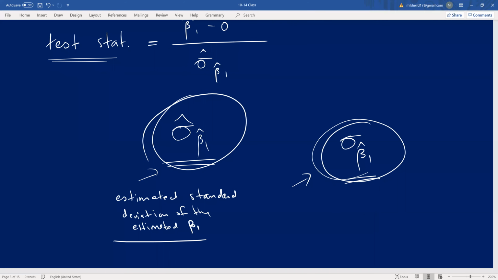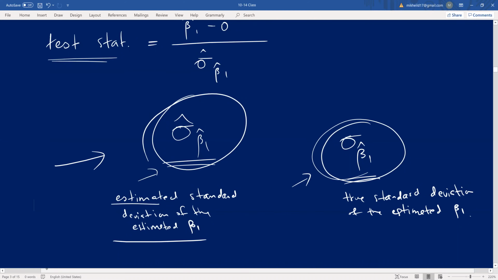And this is the true standard deviation of the estimated beta 1. So we are using this, right?